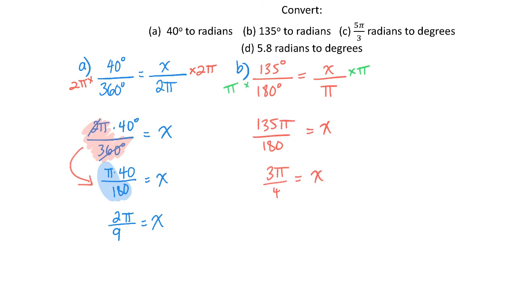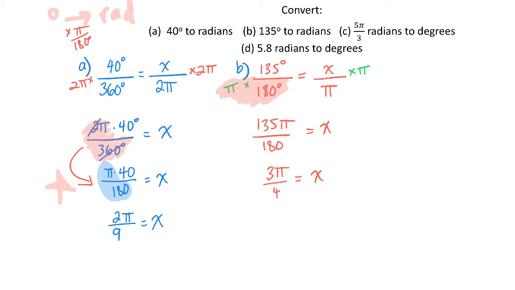Great. Again, I want to point out that what we ultimately ended up doing was taking 135 degrees and multiplying it by pi over 180. Notice that that's what we did in the first example as well. So generally, when we convert from degrees into radians, we're multiplying by pi over 180. That's kind of like in physics how you cancel units.